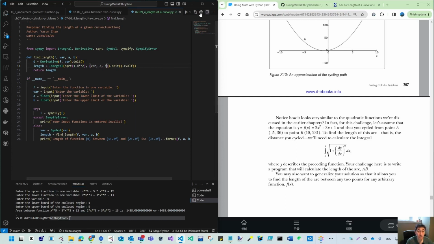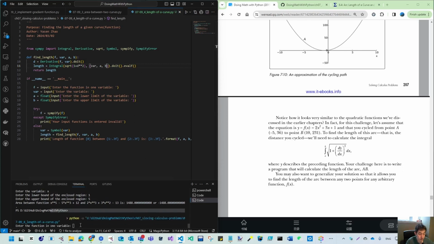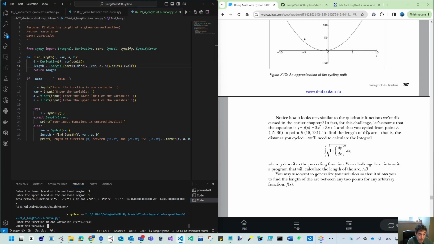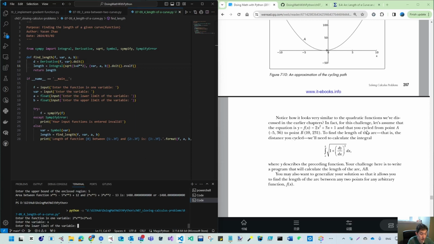So let's do our testing. Enter the function. Let's enter this function: 2 times x squared plus 3 times x plus 1. Enter the variable, definitely that's x. Enter the lower point.